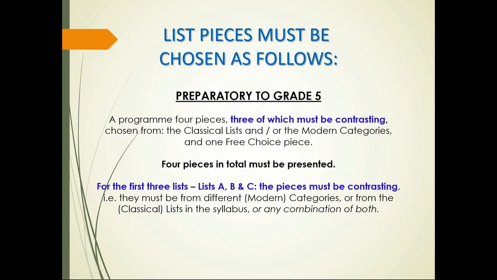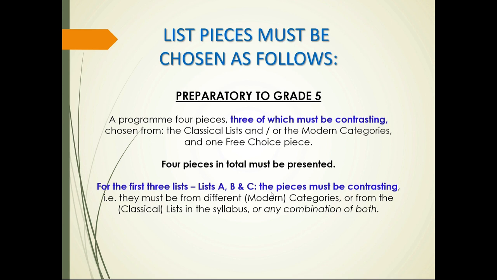List pieces may be chosen as follows. This will deal with preparatory to grade 5 at this stage. A program of 4 pieces, 3 of which must be contrasting, chosen from the classical lists and/or the modern categories, and 1 free choice piece. 4 pieces in total must be presented.